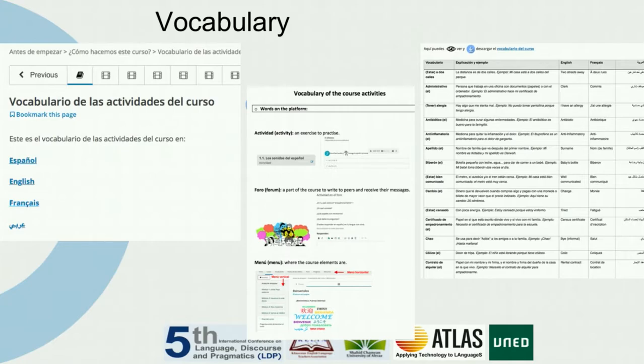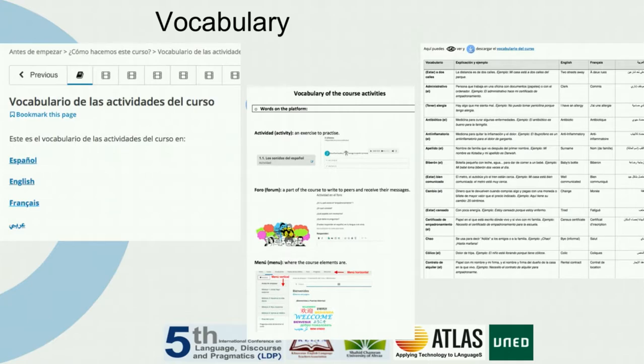On the left hand side you can see there is a list of vocabulary of the wording of the activities, because somebody might know how to say hello in Spanish, or my name is whatever, but it is very likely that they won't know how to say please repeat this, and go to the video and then answer the activity underneath, etc. This kind of vocabulary is not exactly A1, so we included a chart that has the words in Spanish with the corresponding translations into English, French, and Arabic.